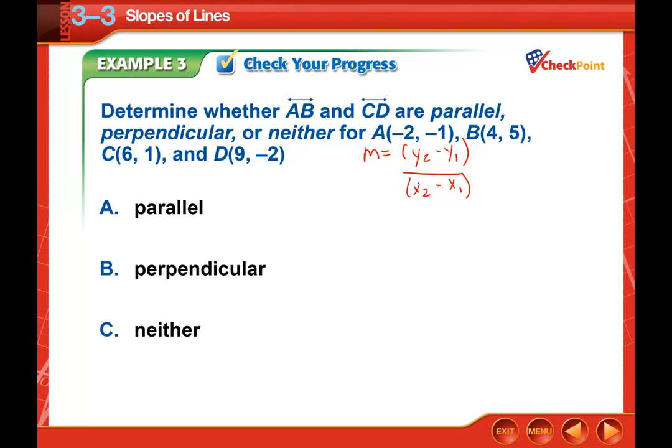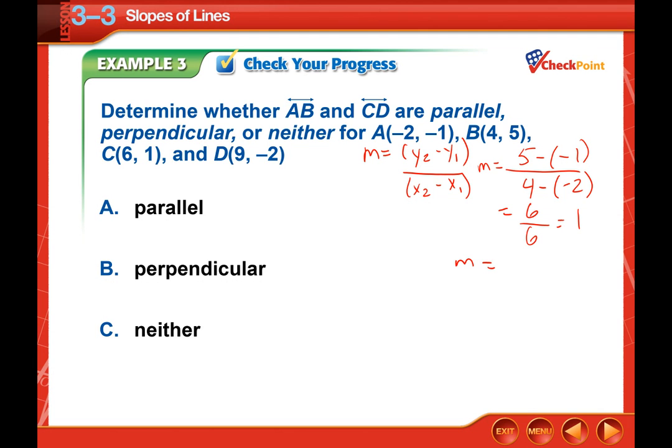So for AB, that's going to be, let's see, 5 subtract -1, and we have 4 subtract -2. 5 plus 1 is 6. 4 plus 2 is 6. So the slope of AB is 1.